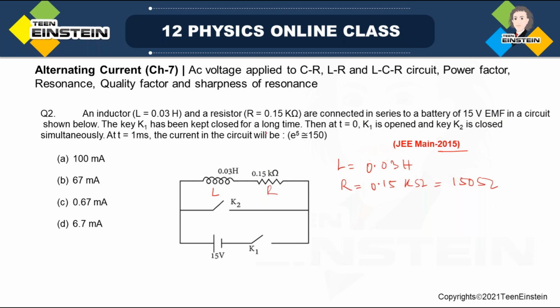K1 has been kept closed for a long time. You can see that. Then at t is equal to 0, K1 is opened and K2 is closed.